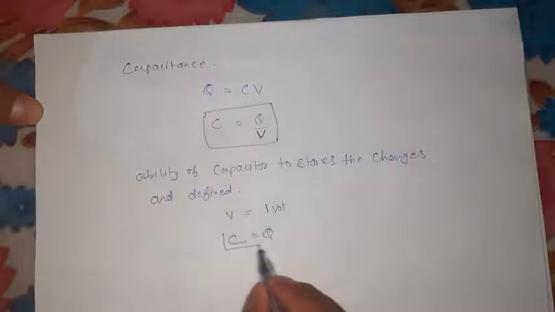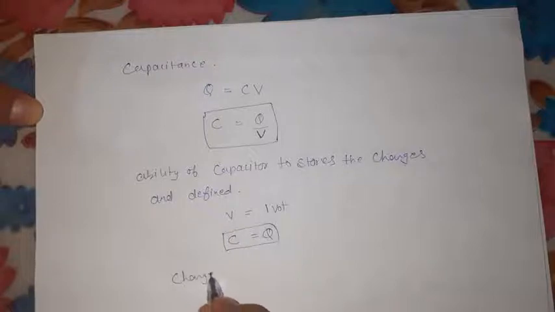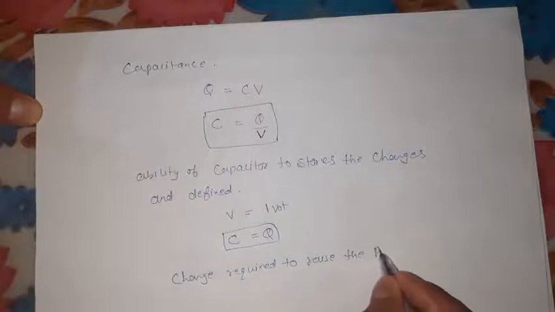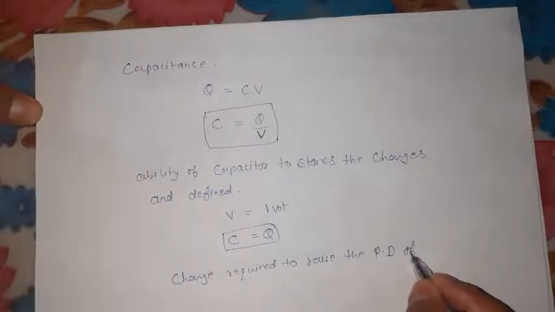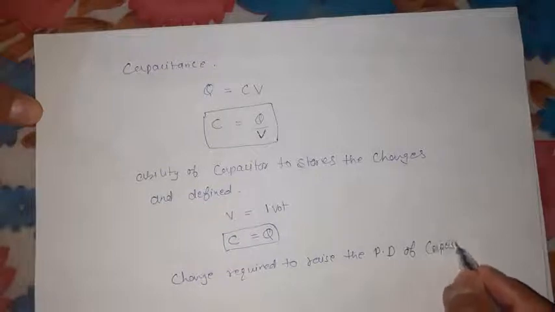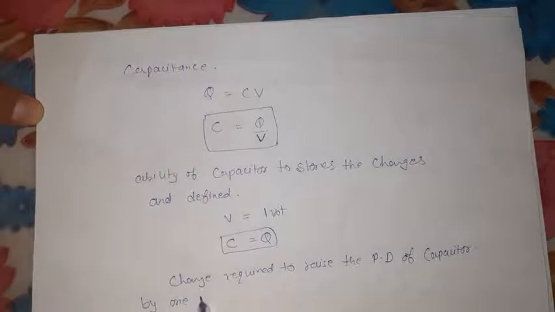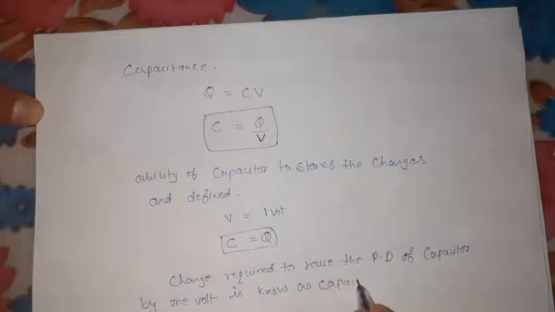So the charge required to raise the potential difference of a capacitor by 1 volt is known as capacitance. This is also known as electrical capacitance.